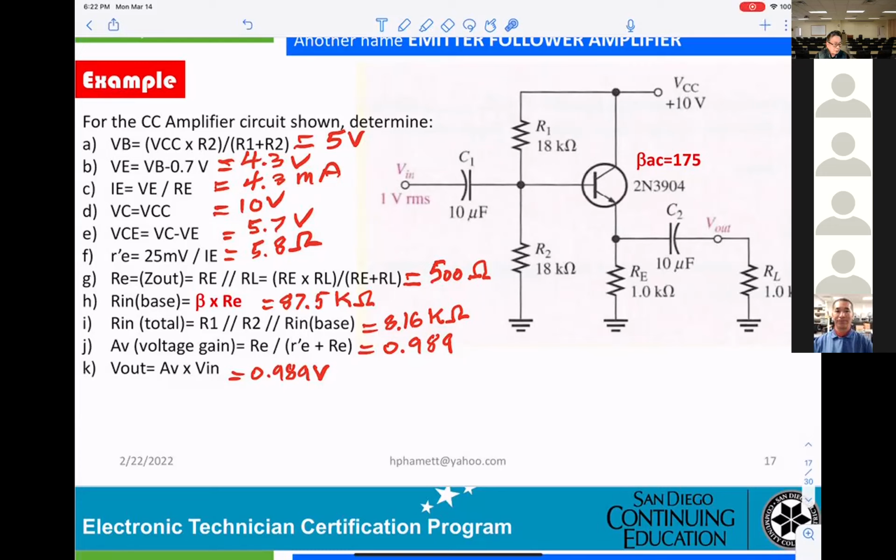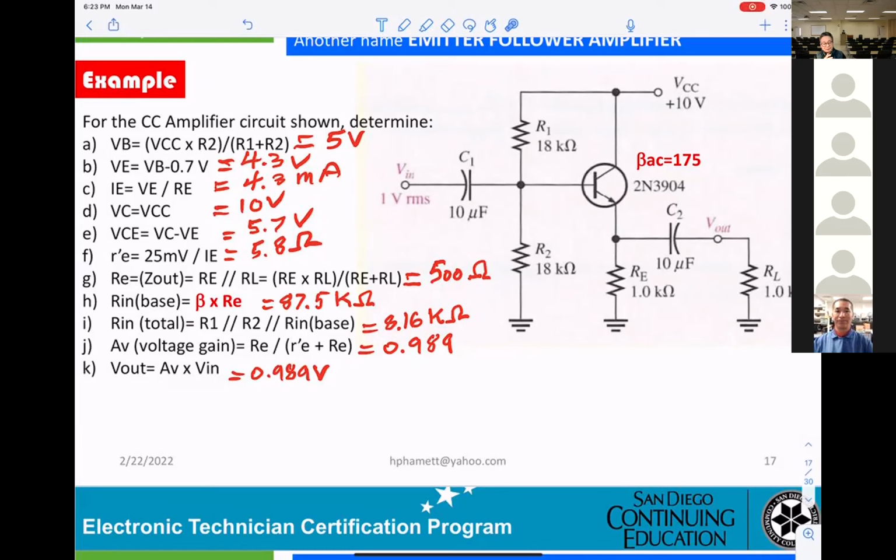So they're telling you common collector, the gain equals 1 or less. And the question is, how come we need this amplifier? The high impedance input. Exactly. The thing is they get a high input impedance.